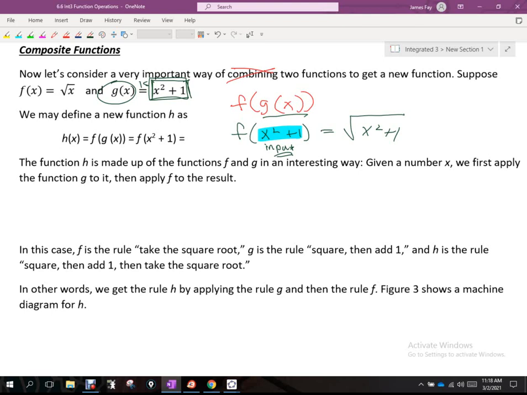Now, that is the hardest way of doing it, which sometimes is unavoidable. They might ask us for the algebraic rule. But let me show you what we're doing here visually.